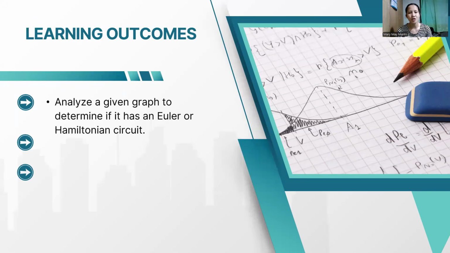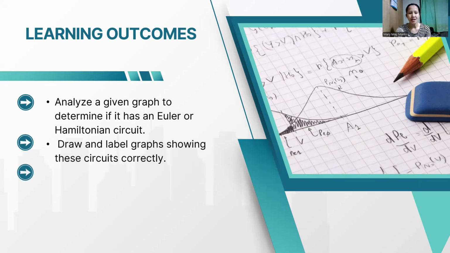The first learning outcome is to analyze a given graph to determine if it has an Euler's or Hamiltonian circuit. The second learning outcome is that at the end of the session, you're expected to draw and label graphs showing these circuits correctly.